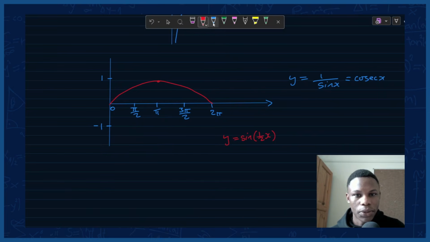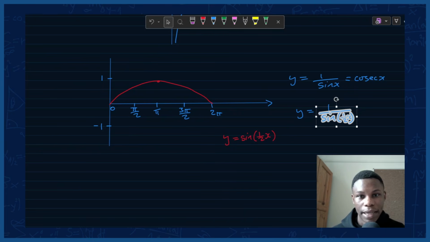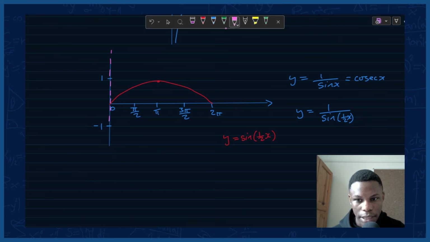So if I want cosec of a half x, that's 1 over sine of a half x. And we should know we're not allowed to divide by 0. So wherever sine of a half x is 0, I'm going to have a problem. I need to put an asymptote there. So that means I'm going to have an asymptote here because sine of half x is 0.